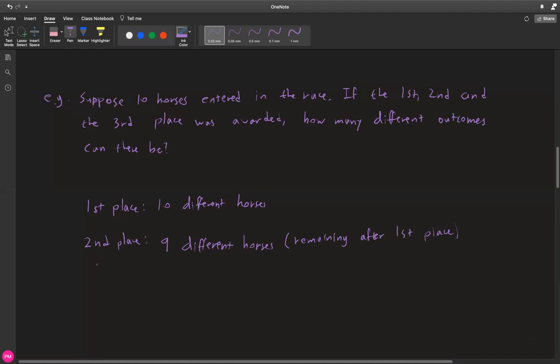And if you understood that, the third place should be simple enough. Third place can only be decided after the first and second places are decided. So we have one choice for the first place, and we also have one choice for the second place. Now, after the second place is decided, we now have 8 remaining horses.